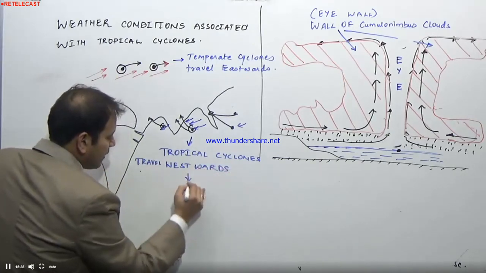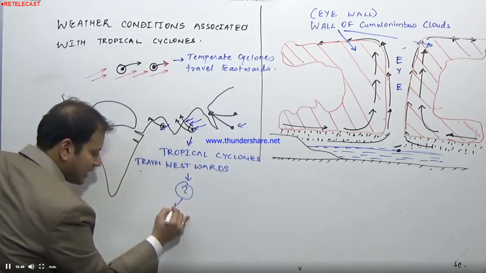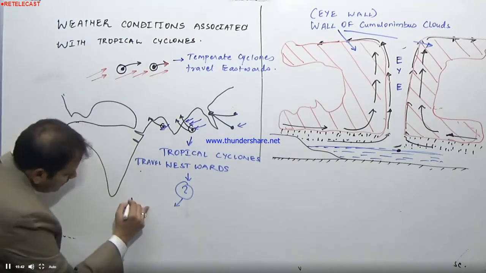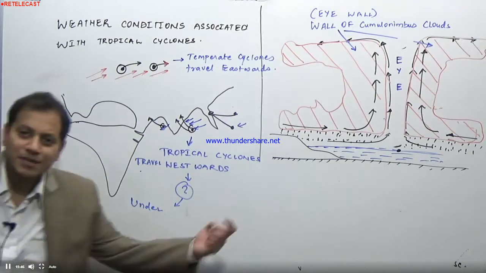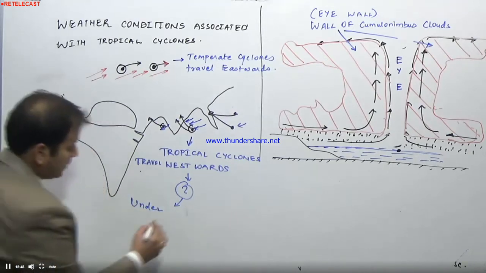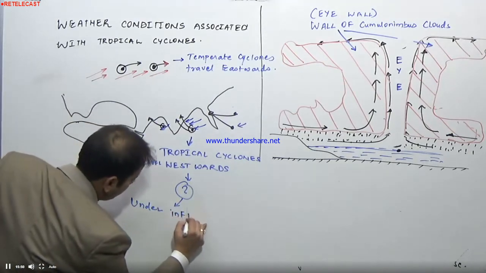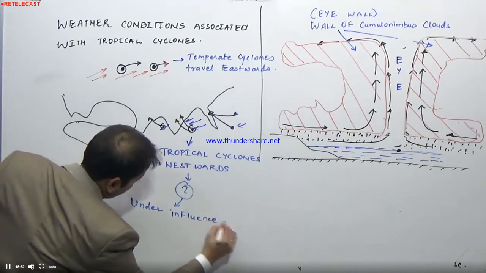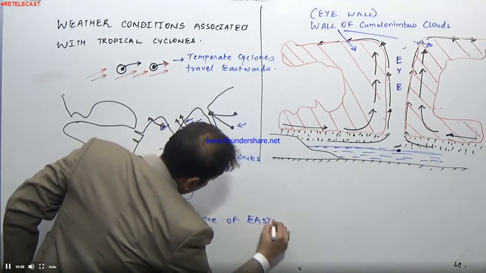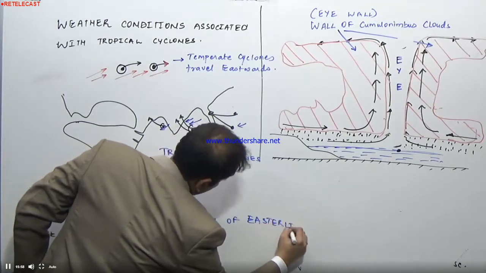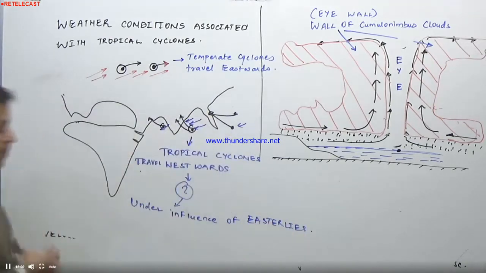Why do they travel westwards? Because they come under the influence of easterly winds. What do you mean by westwards? That means from east to west. They come under the influence of an easterly wind.